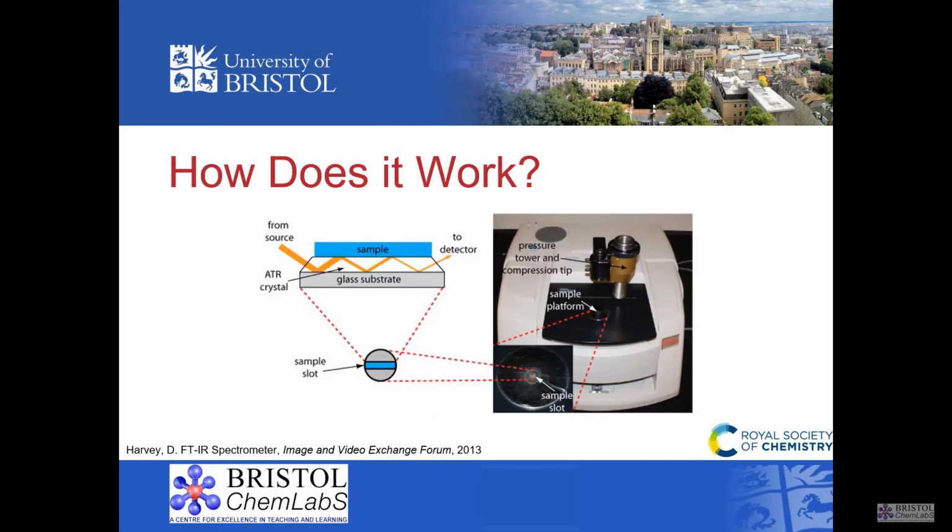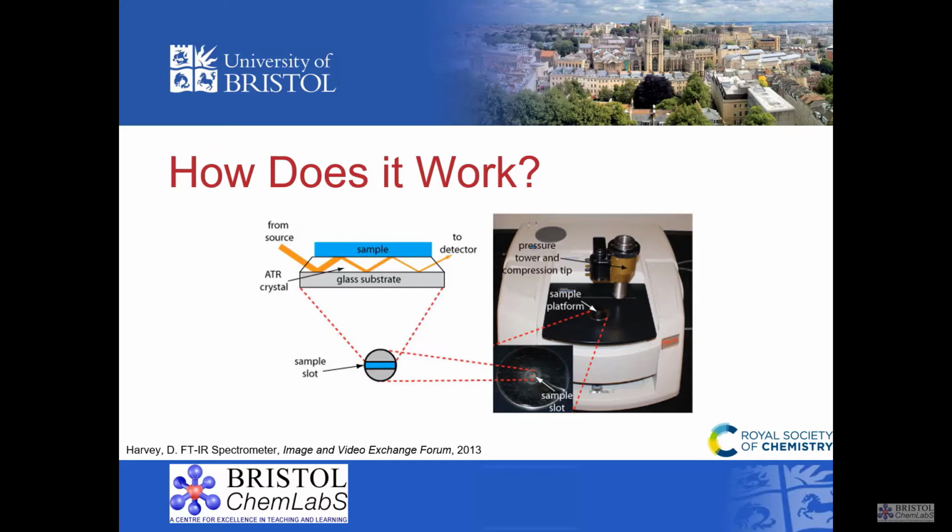A more advanced example of FTIR that will be demonstrated in this video is called Attenuated Total Reflection, or ATR infrared spectroscopy. This method allows for samples to be examined directly in the solid or liquid state without advanced preparation.